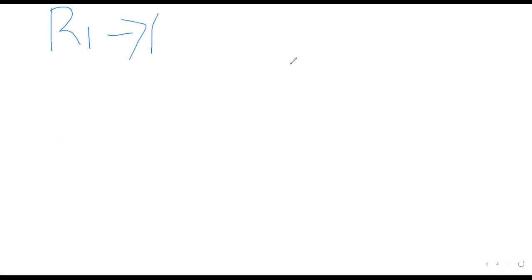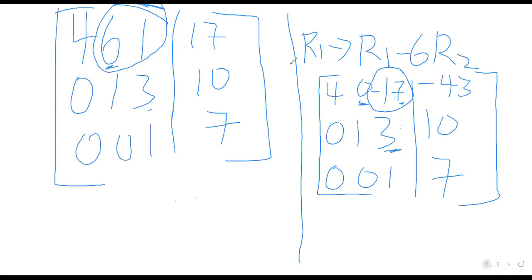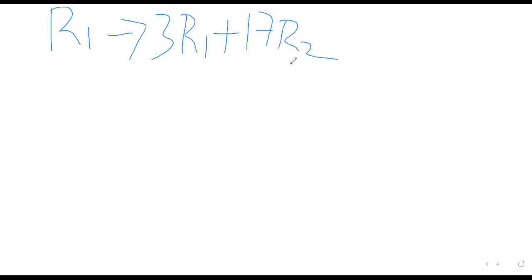So row 1 becomes 3 row 1 plus 17 row 2. The reason why I used the plus is because row 1 is already negative. If we subtract again, it will not yield the correct thing. Negative plus positive will give us 0, and we want to change it to 0. So this is how we are supposed to do it.